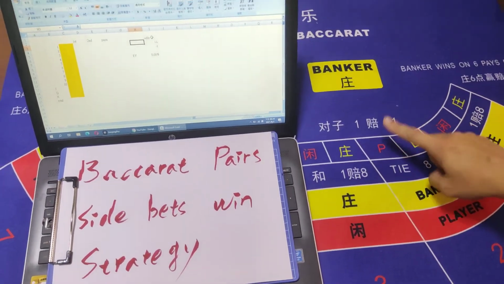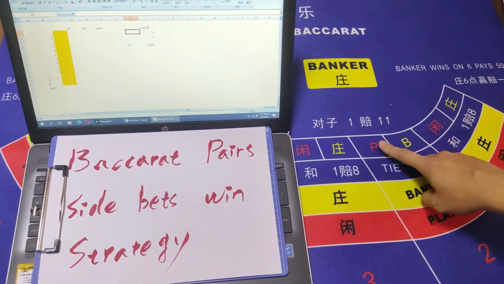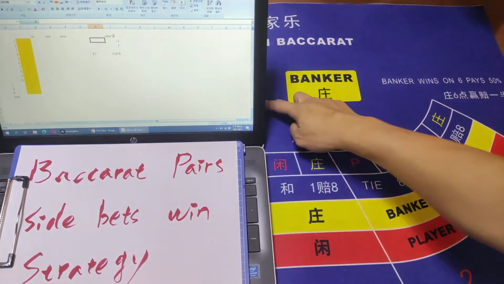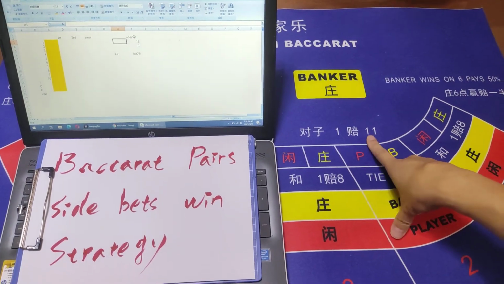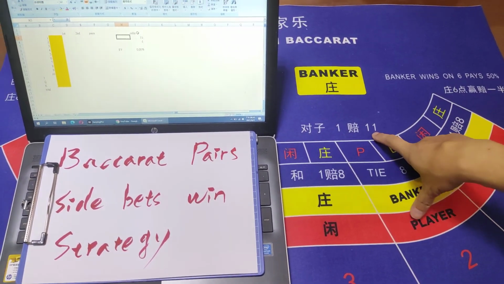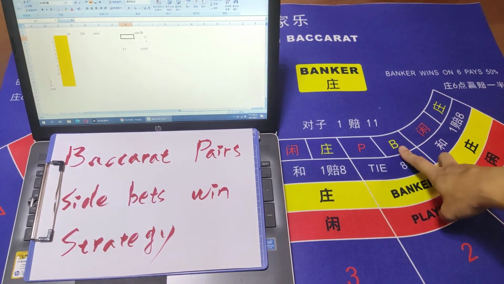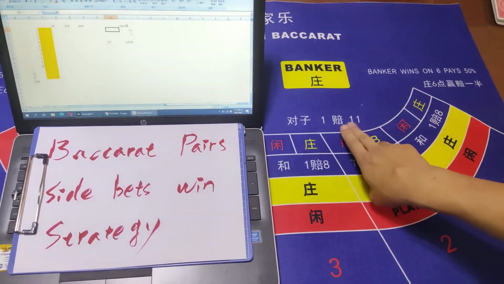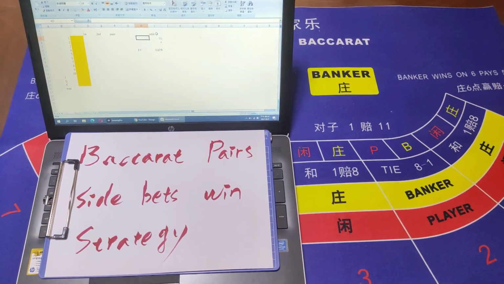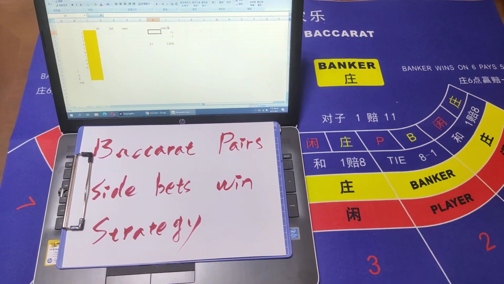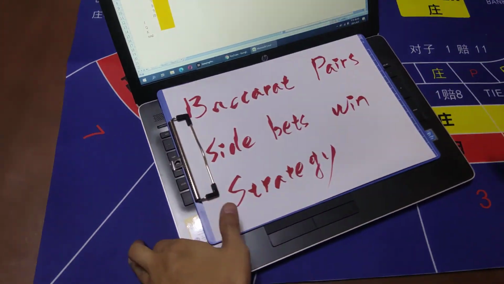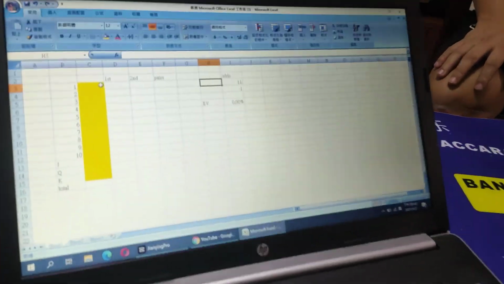If we bet on pair, which means if the player has a pair shown on the player side, we pay odds of 11 to 1. If the banker's first two cards have a pair, it's also 11 to 1. This is Baccarat's odds. So we use the computer to make a calculator to calculate the pair expected return value.